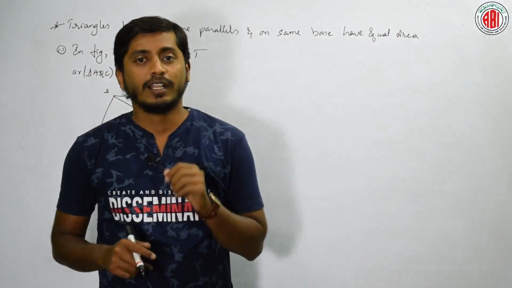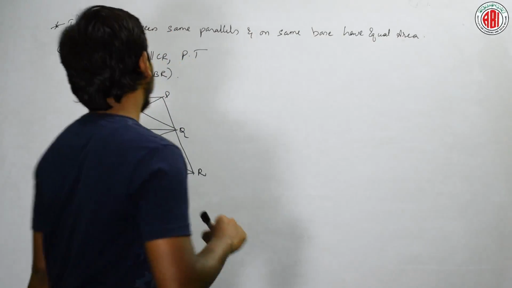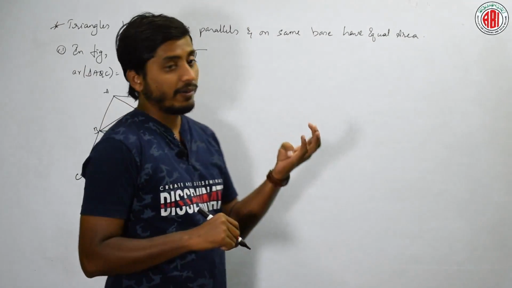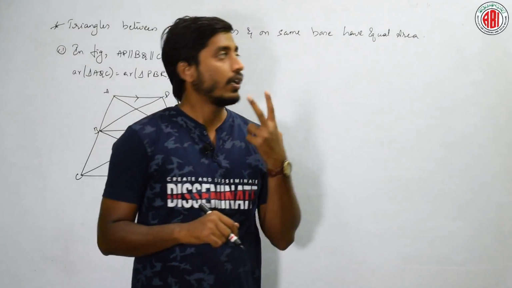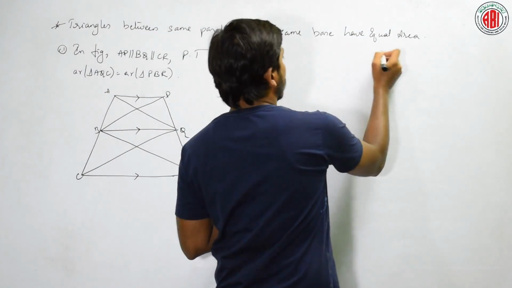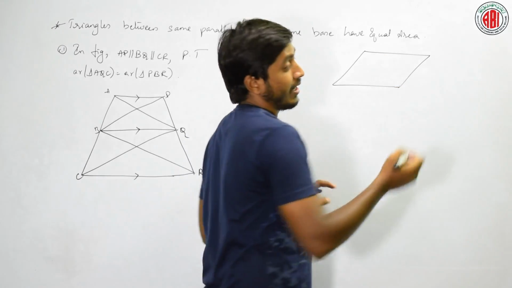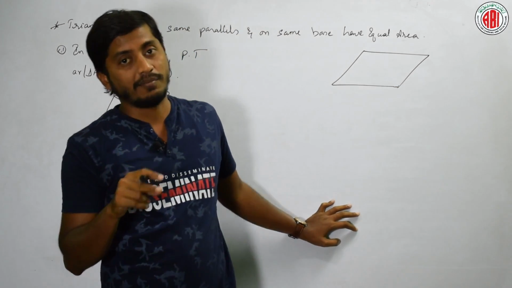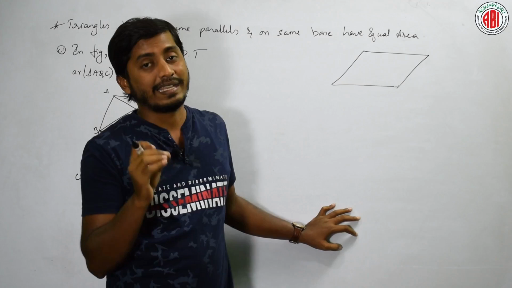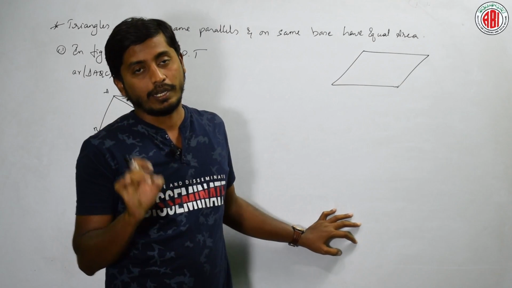Let us do. Look at the next question here. The one thing we have to remember from here is, if there is a parallelogram as well as a triangle between two parallel lines and on the same base, we know that the triangle will be exactly half of that parallelogram.